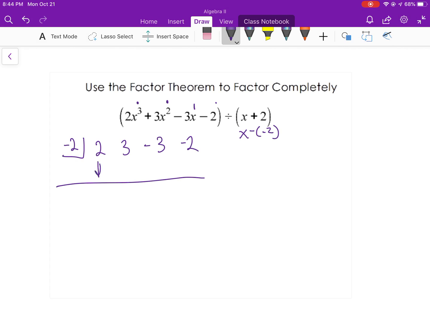So 2 times -2, or sorry, 2 here, got -4. 1, 3, 0, 0, and -2.